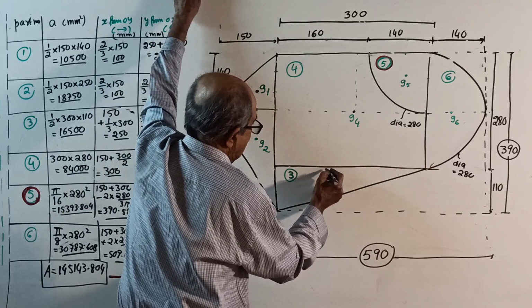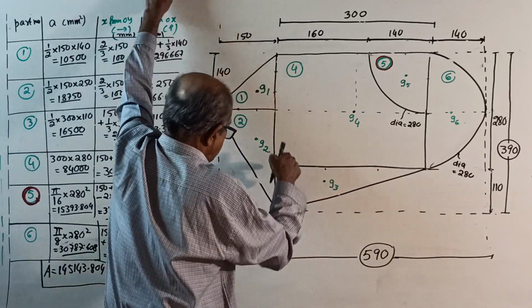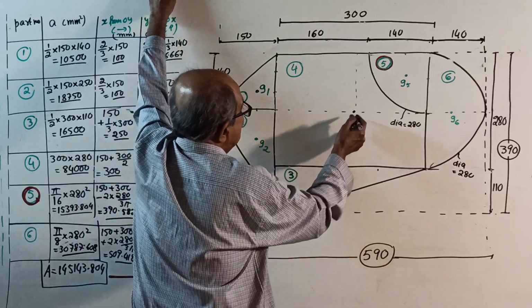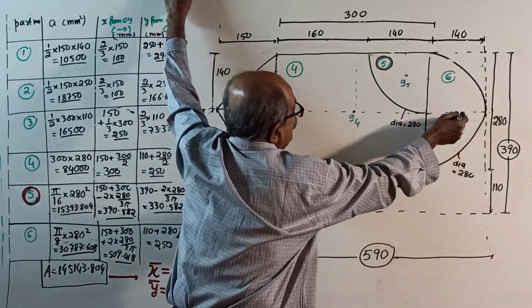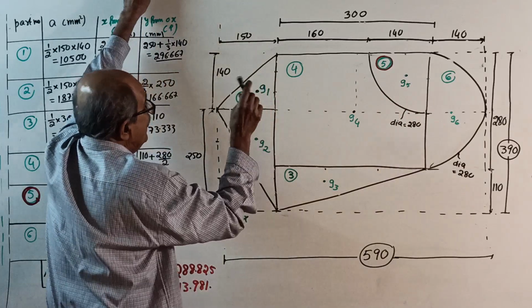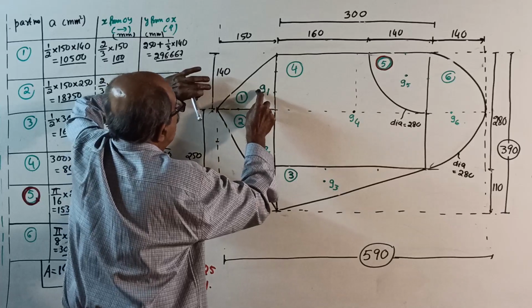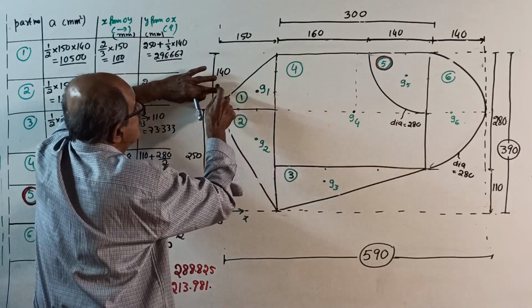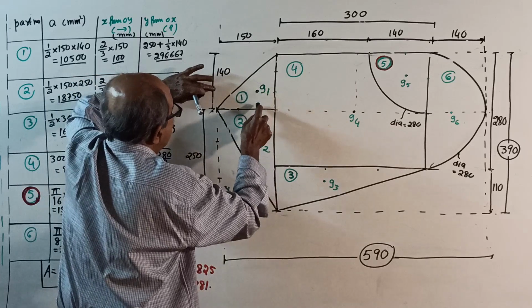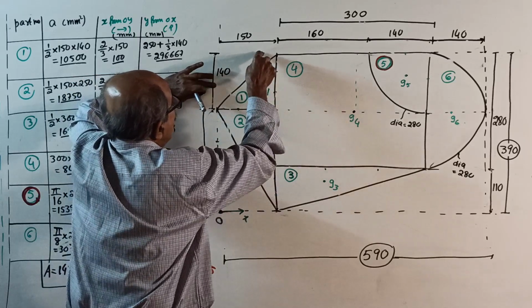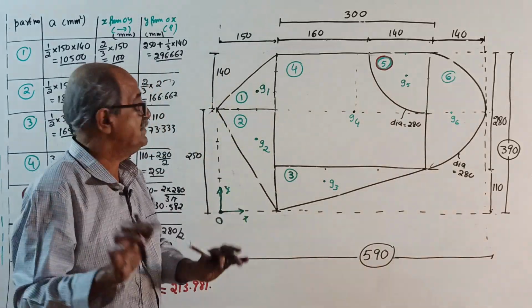Lengthwise 3 parts, I roughly write it. Depthwise 3 parts is here. Center, this you know. So once again, lastly I will tell you: 1/3 of 150, 2/3 of 150, 1/3 of 140, 2/3 of 140. This is the last time I am telling.